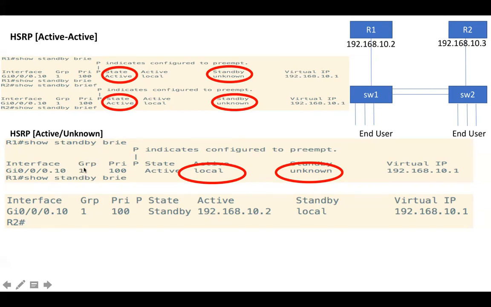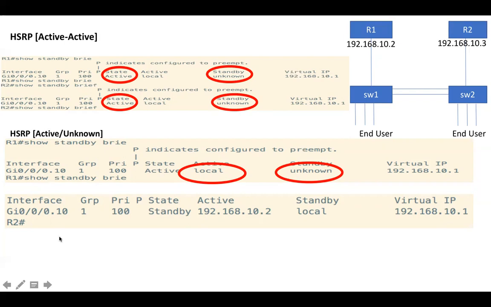What does it mean? It means R2 is able to receive and process HSRP hellos sent by R1. At same time, R1 is not able to receive HSRP hellos sent by R2, or not able to process HSRP hellos sent by R2.